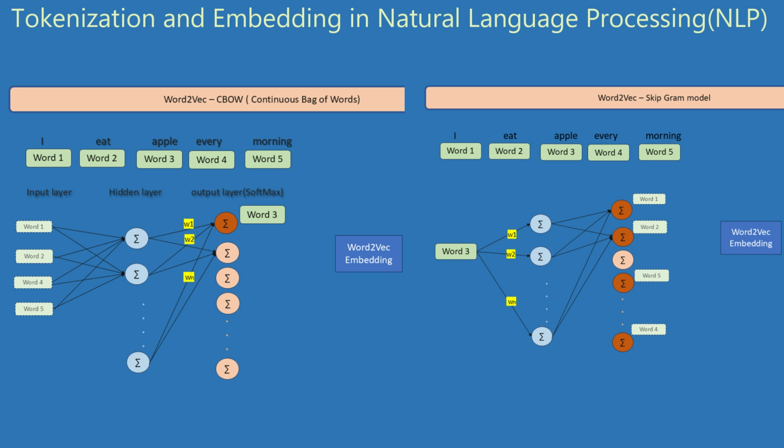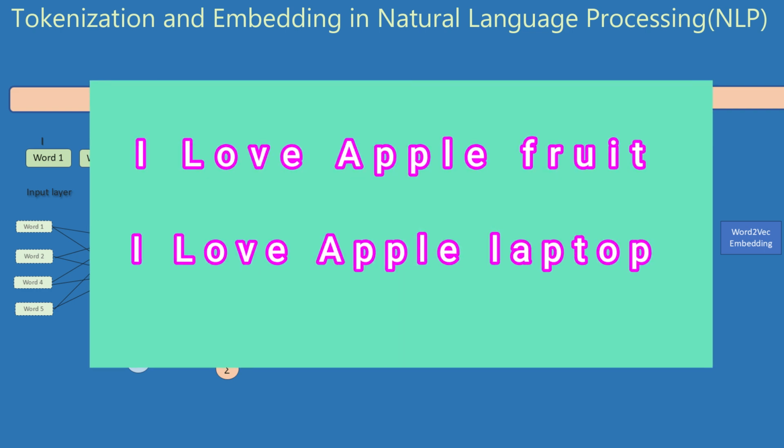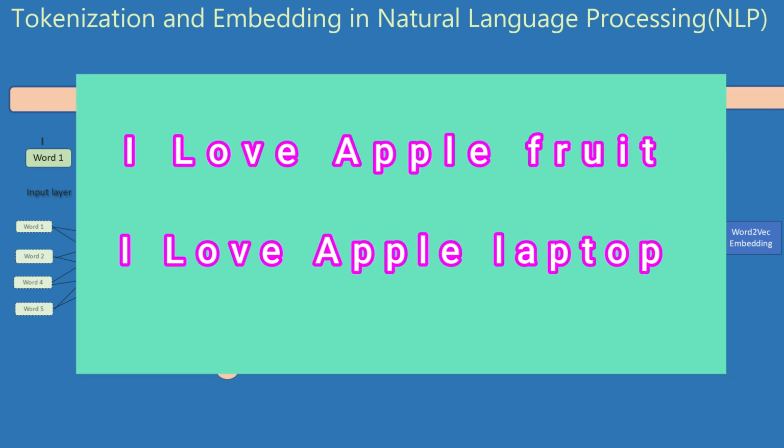A word also has a meaning, which depends upon the neighboring words. For example, suppose I say, I love apple fruit, and I love Apple laptop. In both sentences, if we focus on the word apple, its spelling is the same, so our vector representation will be the same.